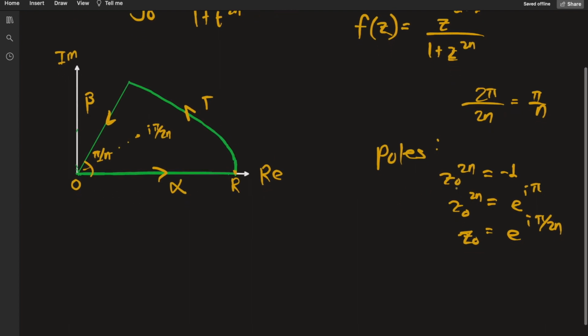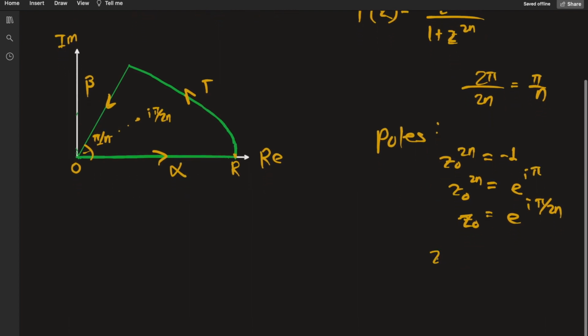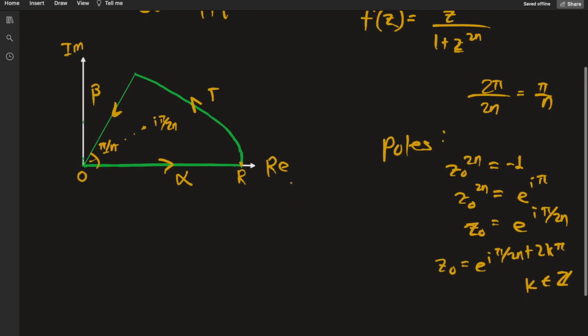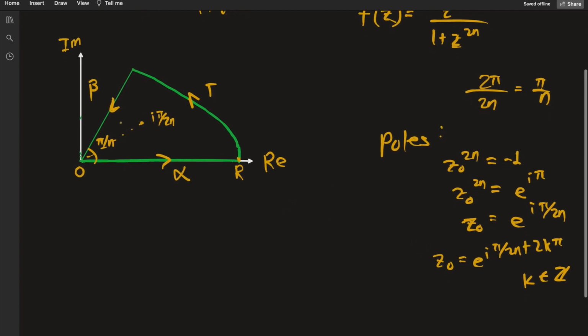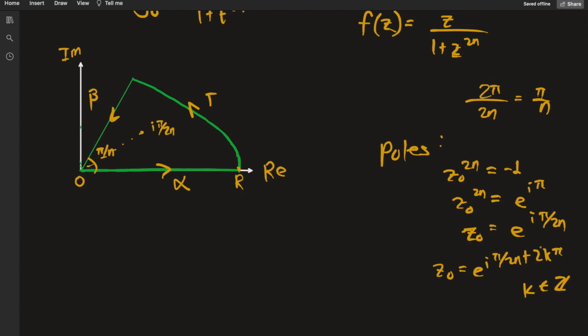And as I said, the general solution would imply e to the i pi over 2n plus 2k pi, where k is some integer that includes 0 as well. But the thing is, for k equals 0 this is just the basic pole we have. For k equals 1 and higher values, it's anyways going to come back over here. It's going to be the same point.